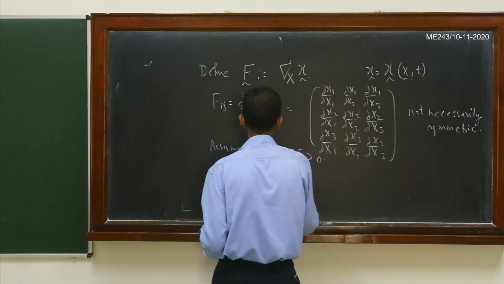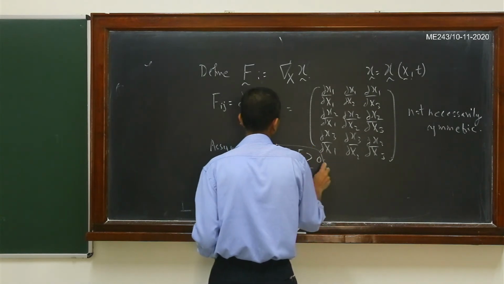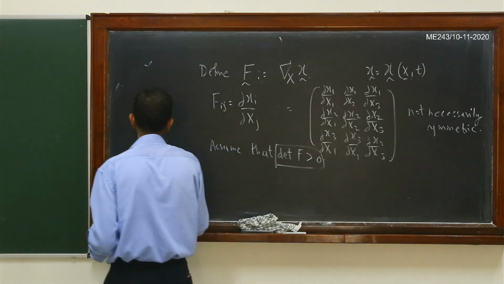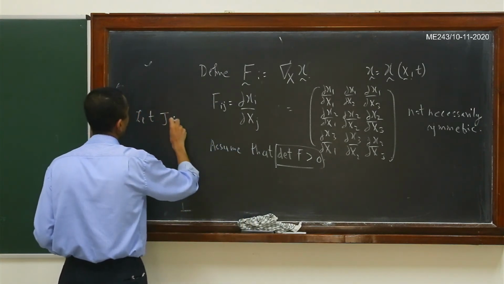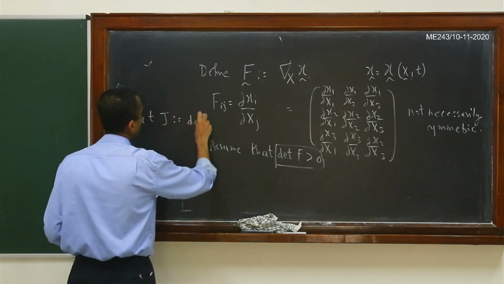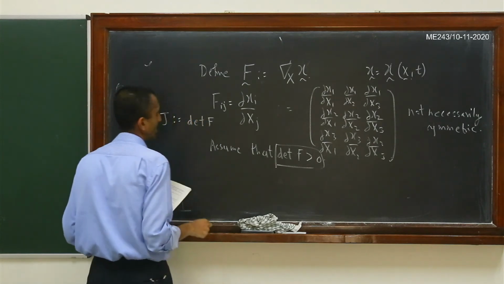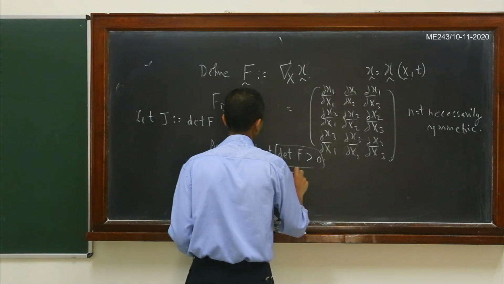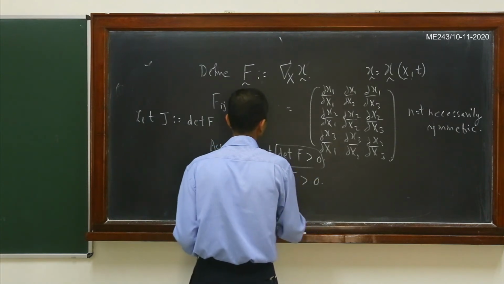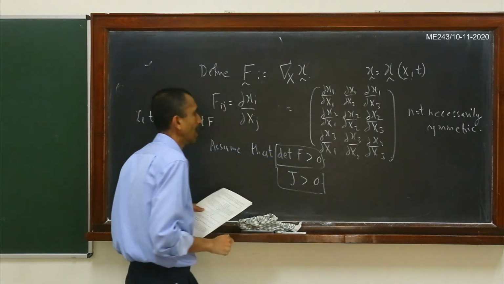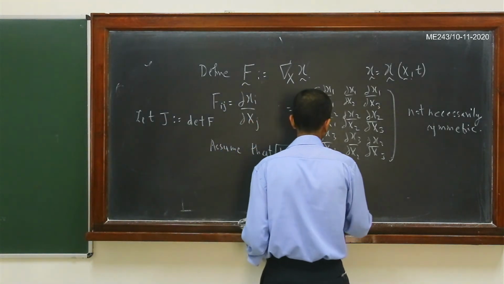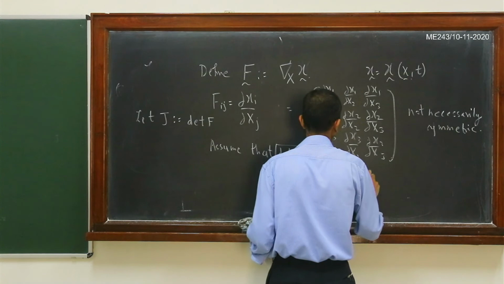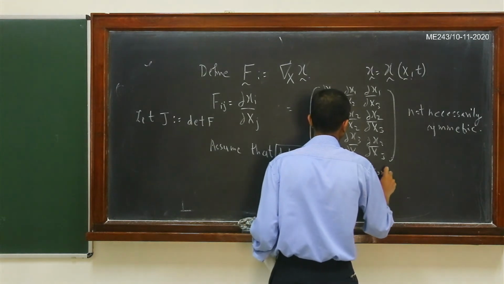Let us define J as det F. So basically we are saying that J is greater than 0. This is the assumption that we will make, and it is known as the orientation preserving condition.